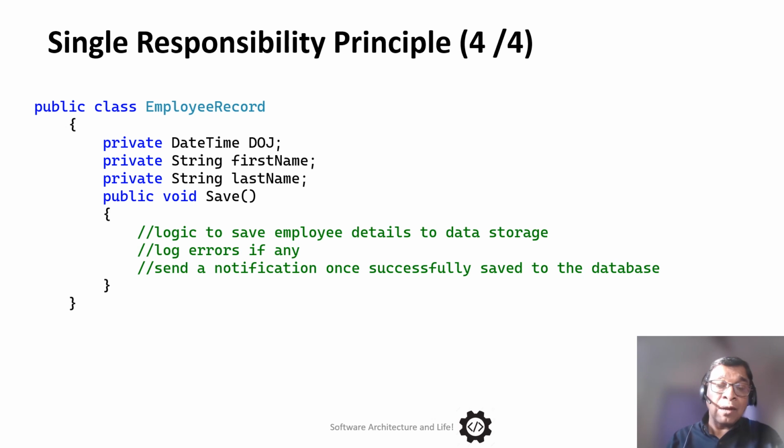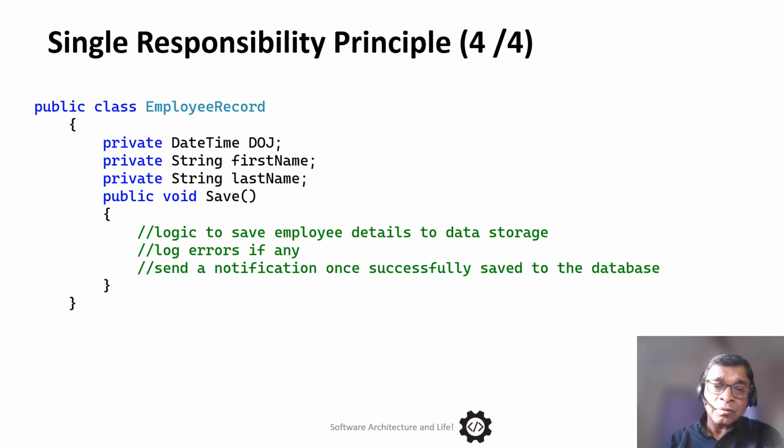Here I have a class called EmployeeRecord which has a method save. Now if you look at the save method, it is doing three things. It's saving the employee details to data storage. If there are any errors, it is logging the error to the required log.